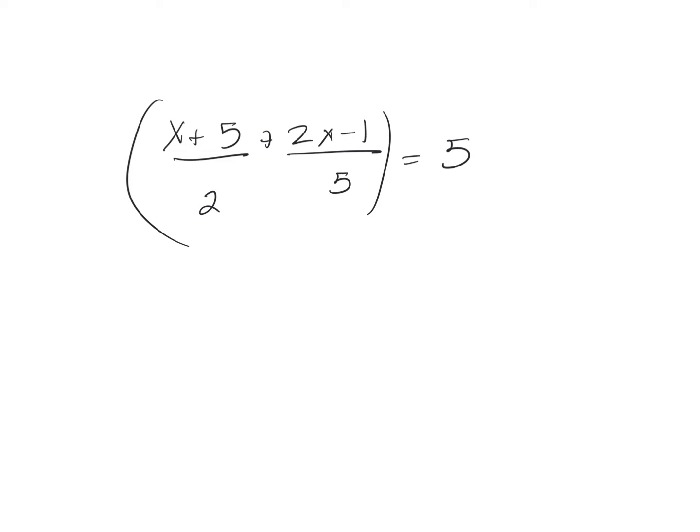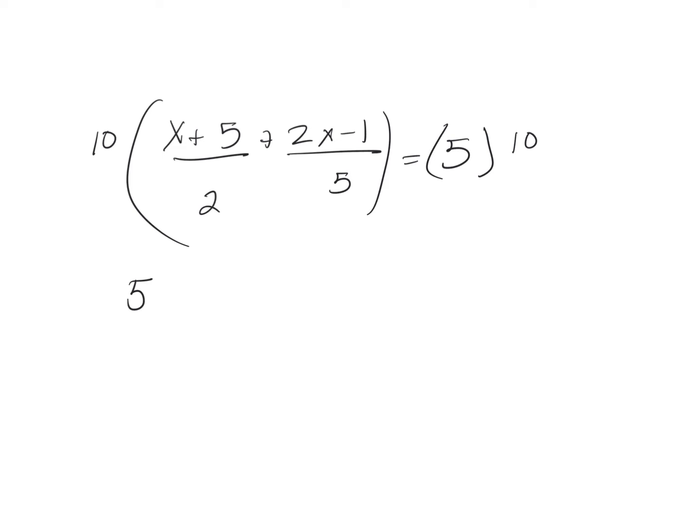And moving along here, let's take a look at this one. I am going to go ahead and solve this equation. I can multiply both sides by a common denominator of 10, which will clear those fractions out.